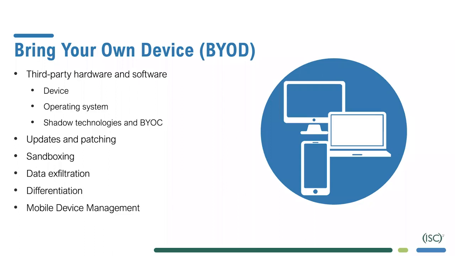We see BYOC there, bring your own cloud. The idea that you can bring some of your own cloud services, very often things like cloud storage, cloud email, to the organization. What does that mean in terms of compliance? Commonly, that kind of bring your own cloud is a massive issue in terms of compliance. Where is it storing data?